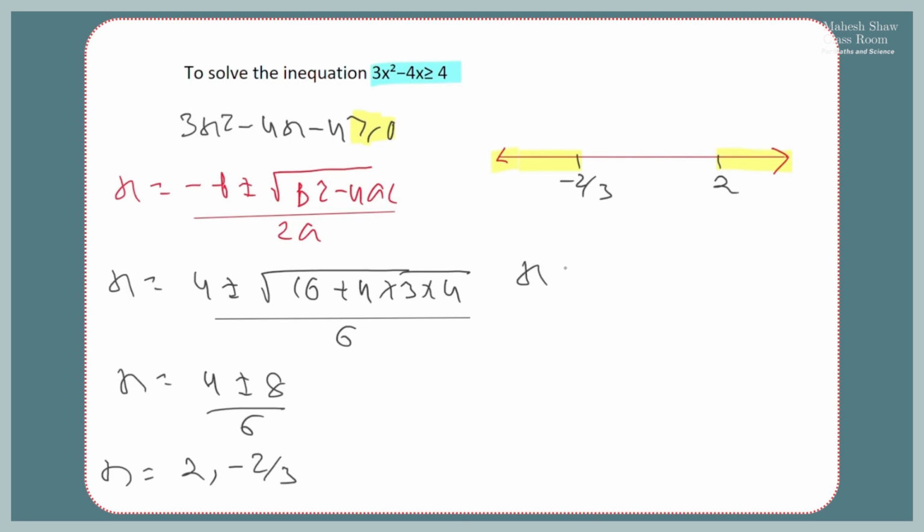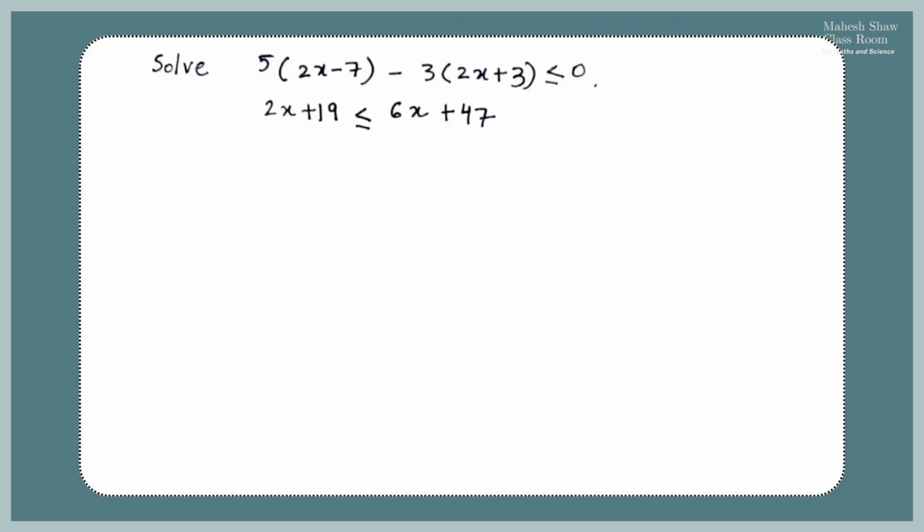Therefore, the solution, if we write in the interval notation, x belongs to negative infinity to minus 2 over 3, there is a greater than equal to, so we'll enclose within a square bracket, and from 2 inclusive to positive infinity.